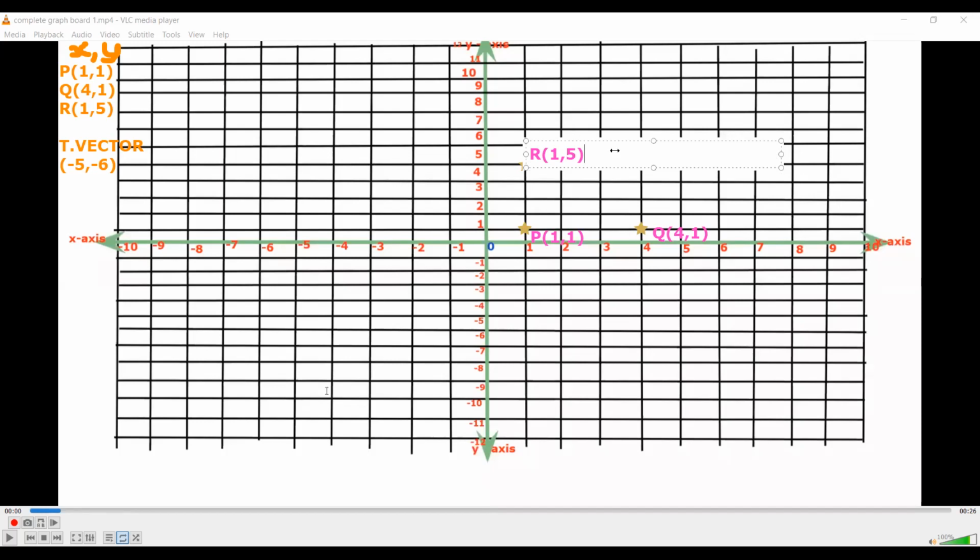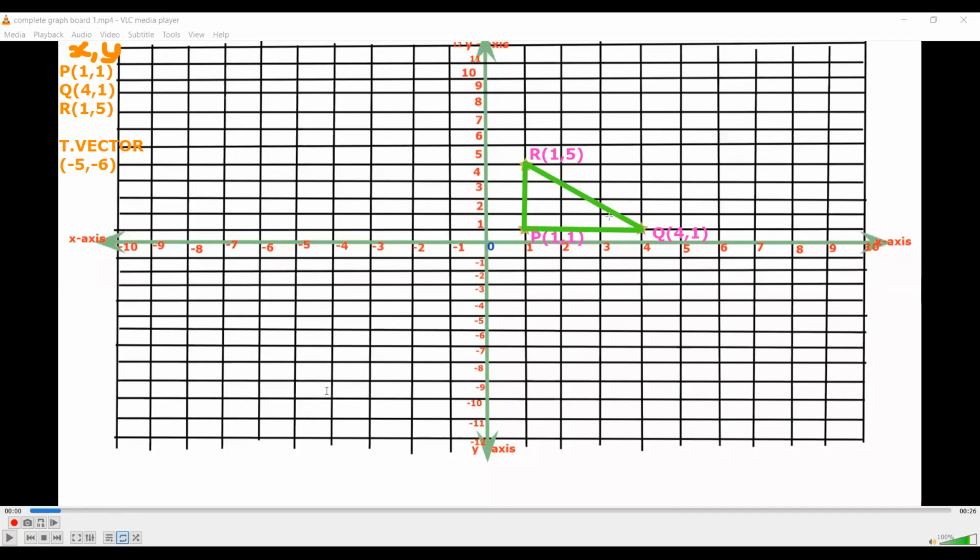Now, once you are done, you join the points to form a shape. So let us join the points to form the shape here. Good.